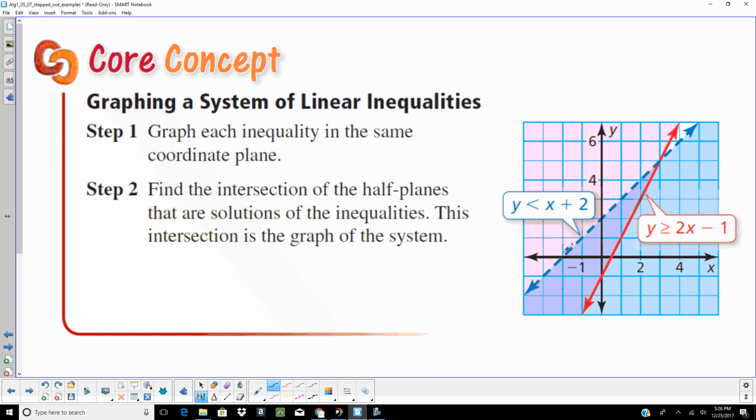And right here, I'm shading below in blue. Where the red and the blue overlap, right here, just kind of marking that so you can see it, it's a purple color. That's where my real solution is. That's where the shading overlaps.